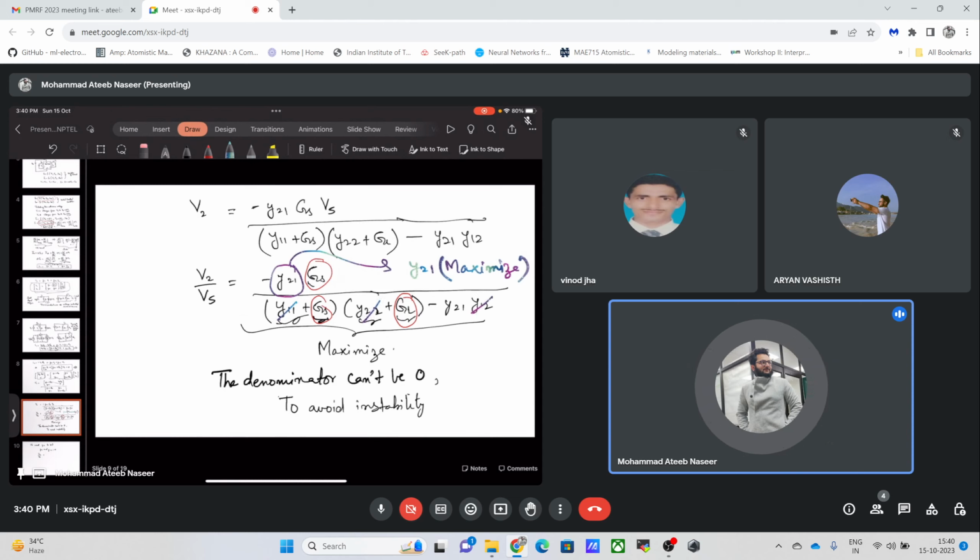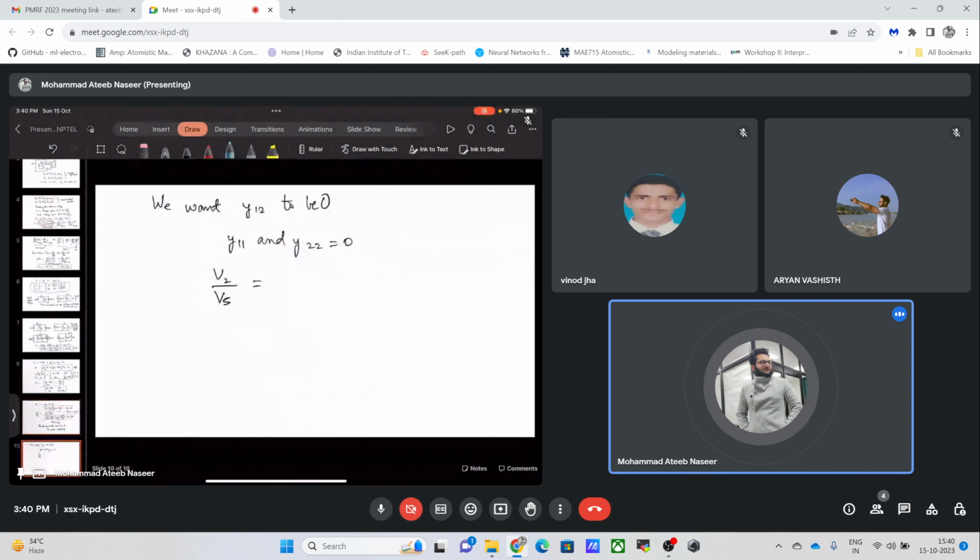So we will be simply left with minus y21 times gs divided by gs into gl. This gs and gs will go, and v2 by vs will simply be minus y21 divided by the output conductance gl.